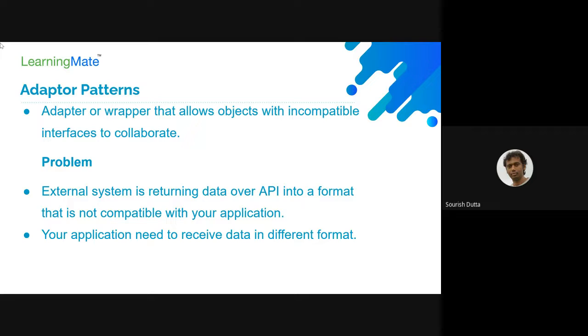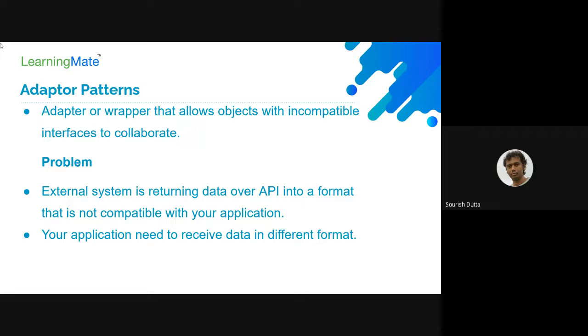So what we basically do in Cosmos is adapt the external data format into our data format, or the external data model into our data model. So we wrap the external API, transform the data model, and return the response that is consumed by multiple clients.